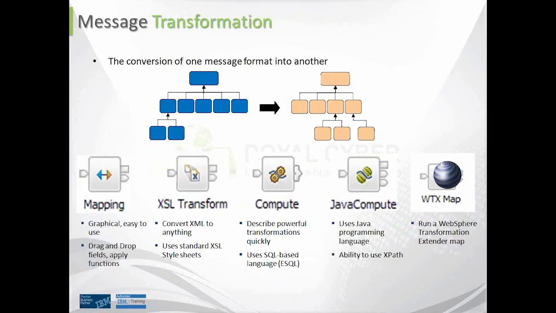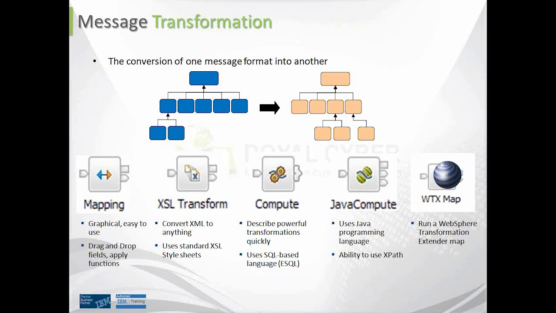The message transformation is the conversion of a message from one format to another format. To do the transformation, you have various other nodes called transformation nodes. Some of these nodes require you to write a script or a programming language behind it, and some of them don't.